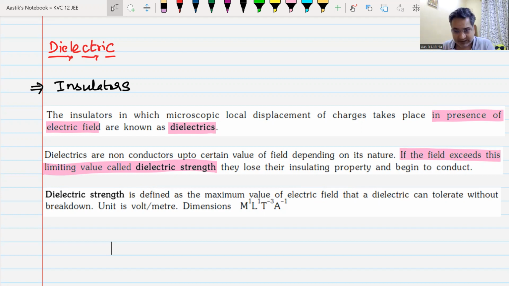Now these dielectrics are insulators, and these insulators are made up of atoms, nuclei, and all those things that we study in chemistry. There are two types of molecules, and I'll have to go a bit into chemistry here.